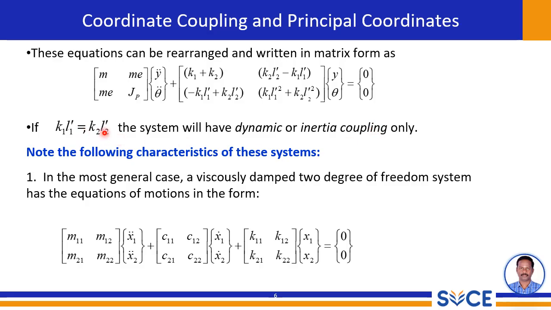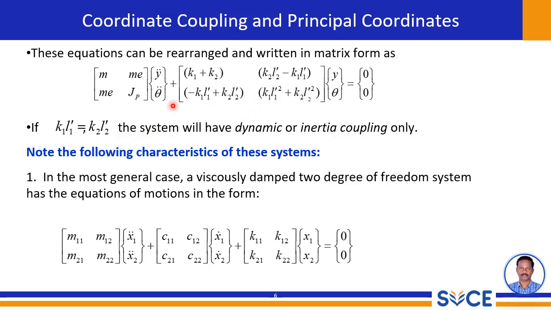Here, we see the equations of motion written in matrix form. In the previous slide, we wrote them in the form of the equations themselves. Here, in the first matrix, with the m and J terms, is called the mass matrix, and the inertial terms are with respect to linear and rotational motions.